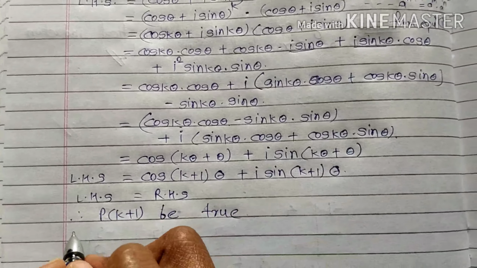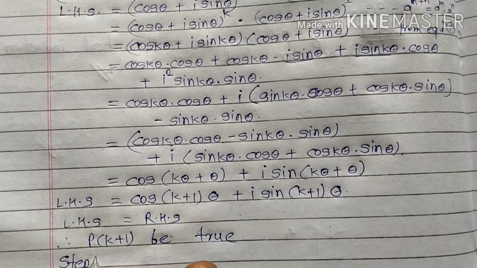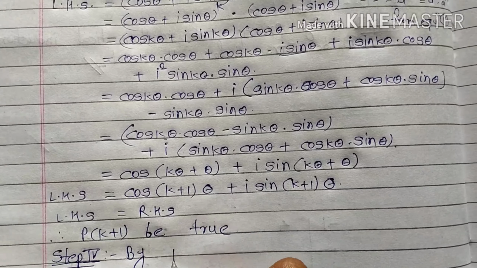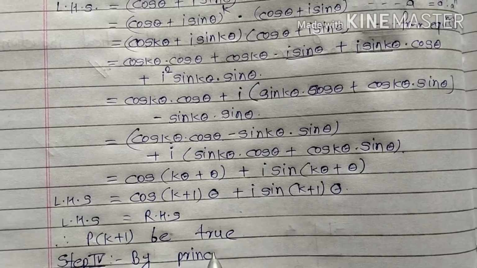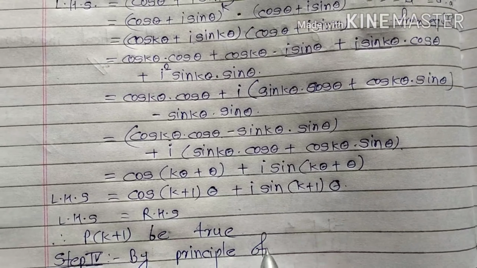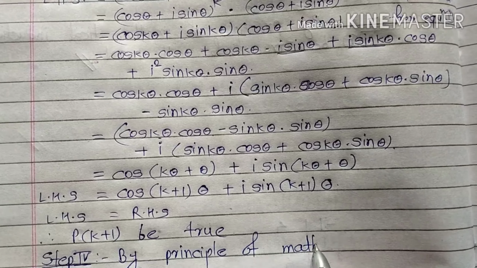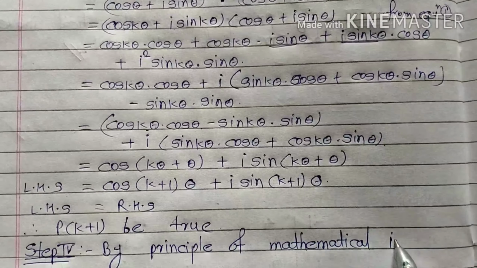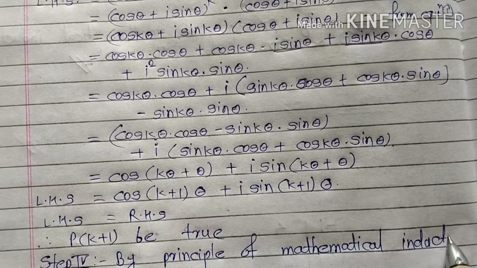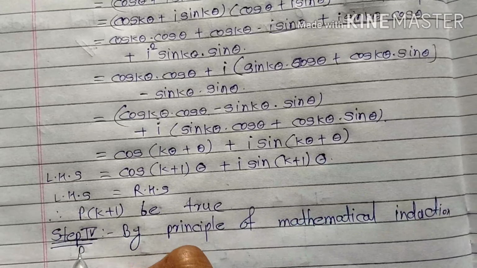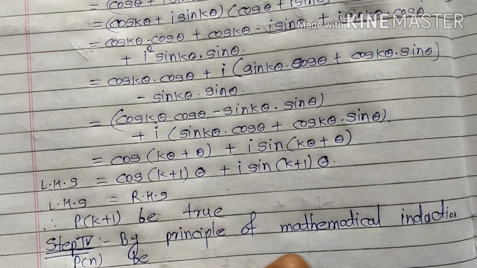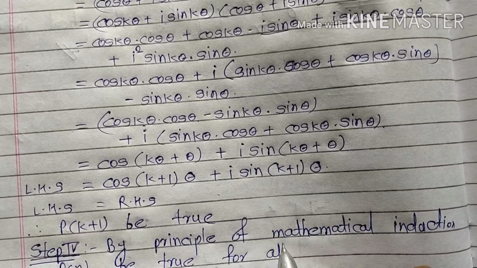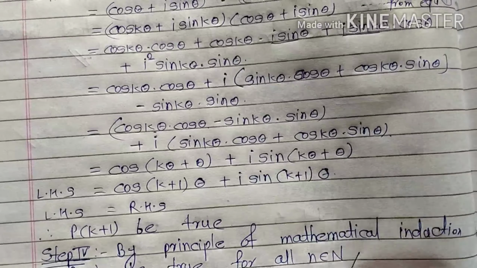Now we conclude that here in step 4, by the principle of mathematical induction, P of n is true for all n belonging to natural numbers.